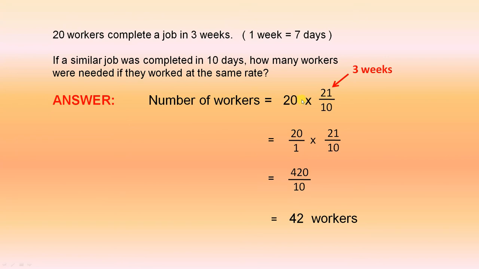So that's why we go 20 by 21 over 10. So 20 is 20 over 1, 21 over 10. Multiply the numerators and the denominators together, that gives you 420 over 10, and that gives you 42 workers. So you need 42 workers to complete the job in 10 days.